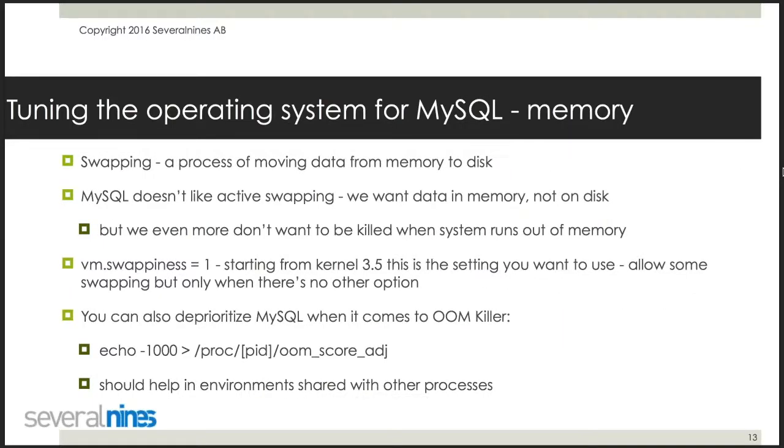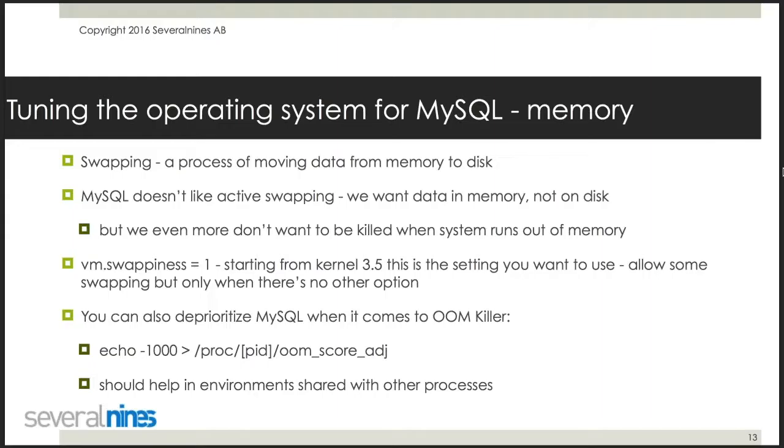Swapping, obviously, is a process of moving data from memory to disk when the memory has to be freed for some other more important information. MySQL obviously does not like active swapping, because if we configure it with buffers of a given size, we want the data to stay in memory, right?